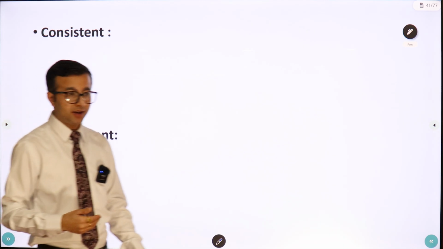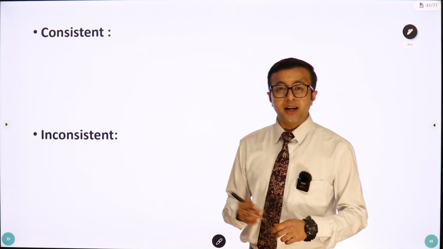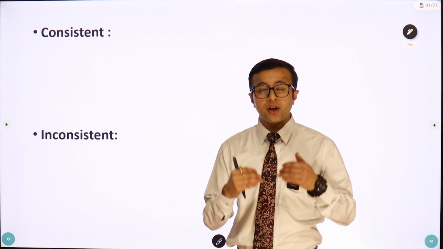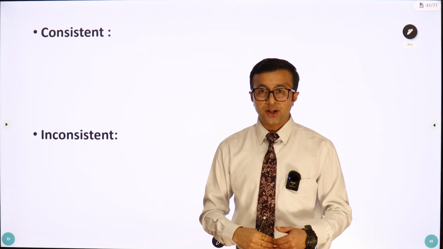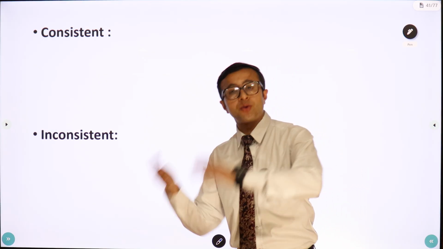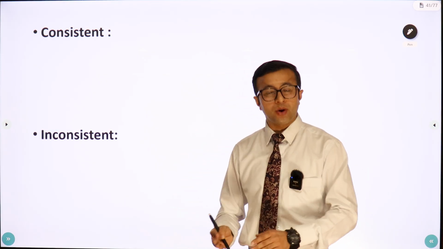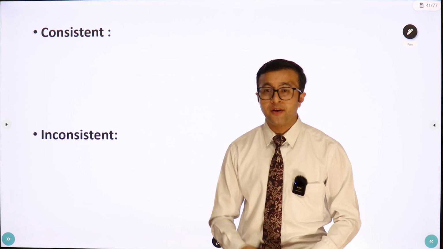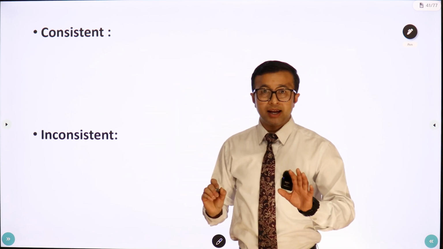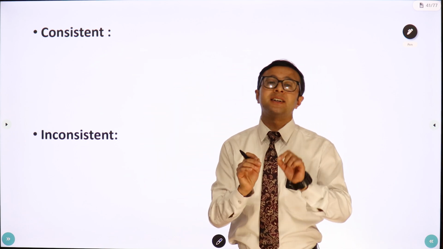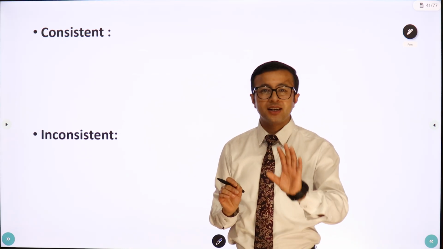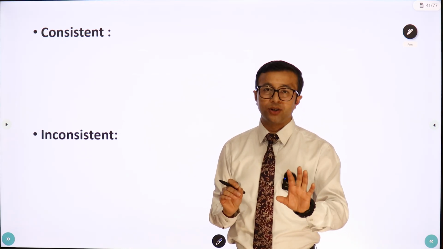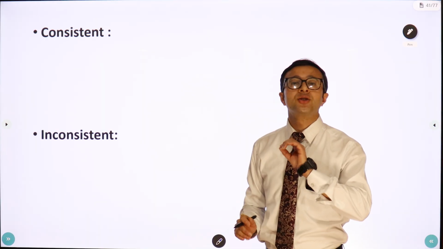Now next, consistent and inconsistent. Think of it. Consistent comes under a condition for solvability. Under what condition can some equations be solved? If the equations can be solved, it means that we can get some solution. So consistent means there exists at least one solution. Inconsistent means there is no solution.